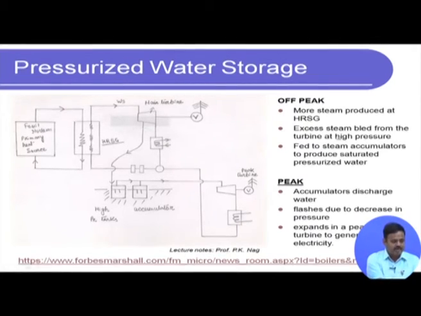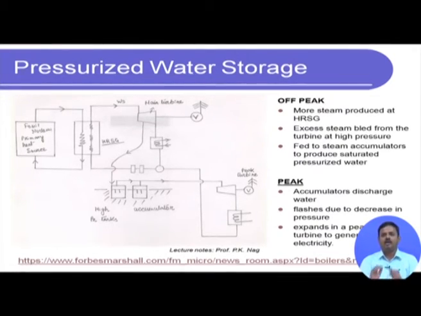Again, remember, high pressure is important, because if you bleed it at the exhaust of the turbine, it does not help, it is already at low pressure, and it will not be a pressurized storage anymore. That is why we need it to be bled out at high pressure at the initial stages of the turbine, and it is fed to steam accumulators to produce saturated pressurized water.